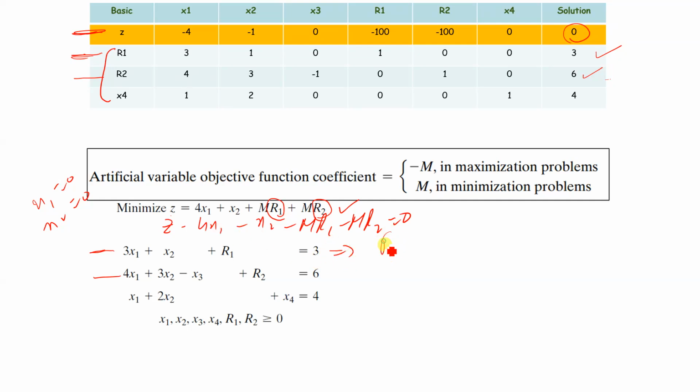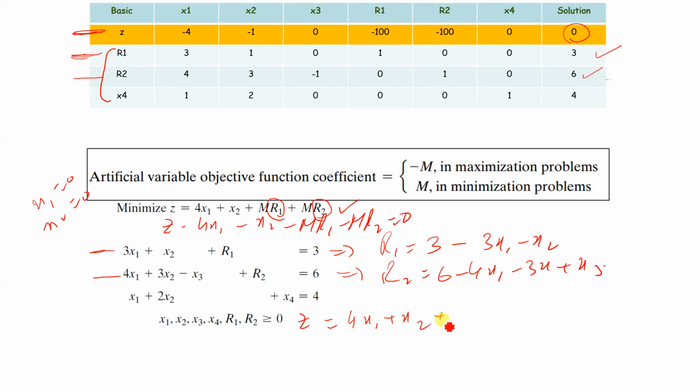So from equation 1, we have R1 is equal to 3 minus 3x1 minus x2, and R2 from equation 2 is 6 minus 4x1 minus 3x2 plus x3. Substitute these values into the Z expression: 4x1 plus x2 plus M times (3 minus 3x1 minus x2) plus M times (6 minus 4x1 minus 3x2 plus x3). Let's simplify this.